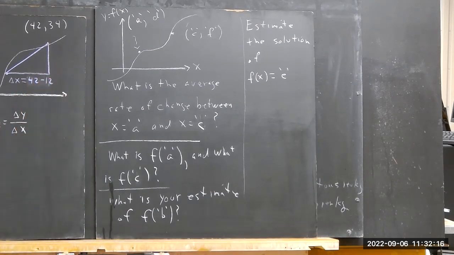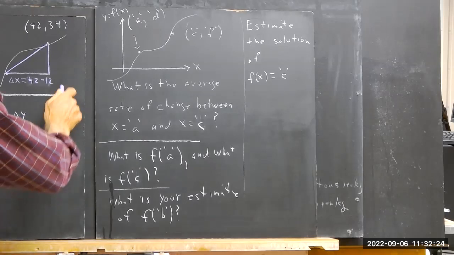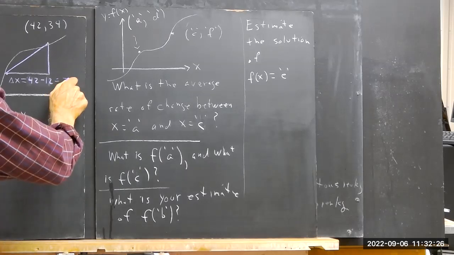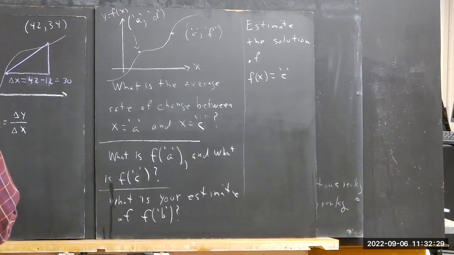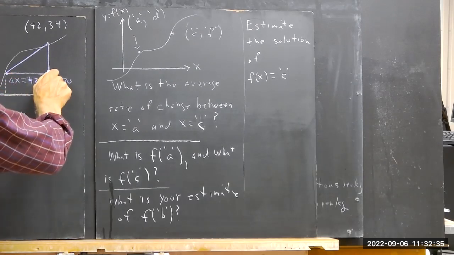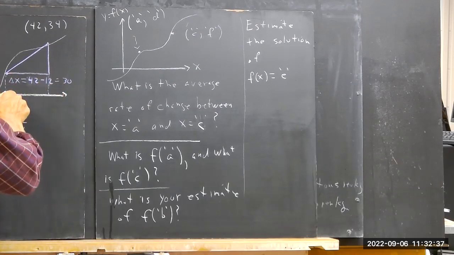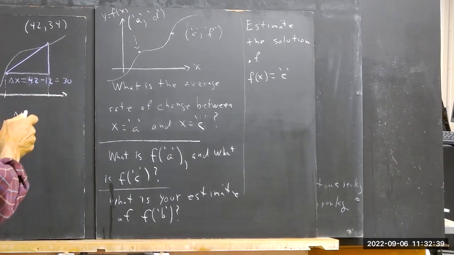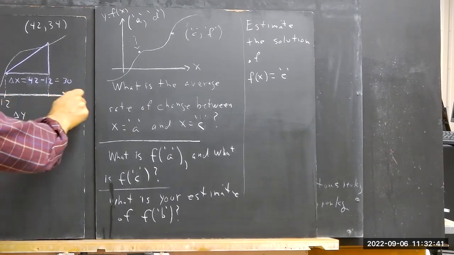I could tell I did something wrong because you looked at me like I was crazy. Okay. It's 42 minus 12, which is 30. Now we can see that if I project down to this point and this point, we see that the x coordinate here is clearly 12.